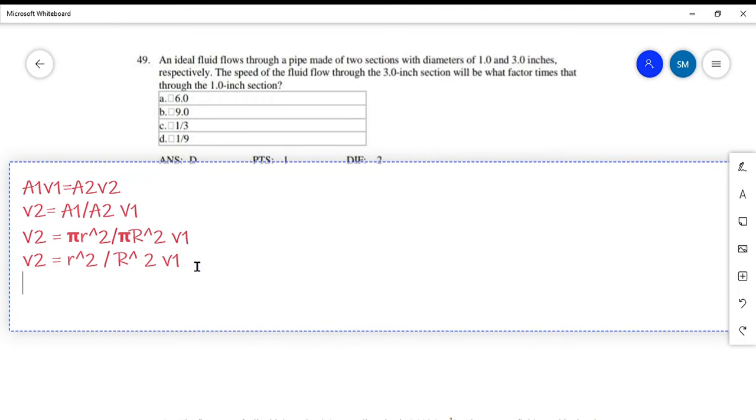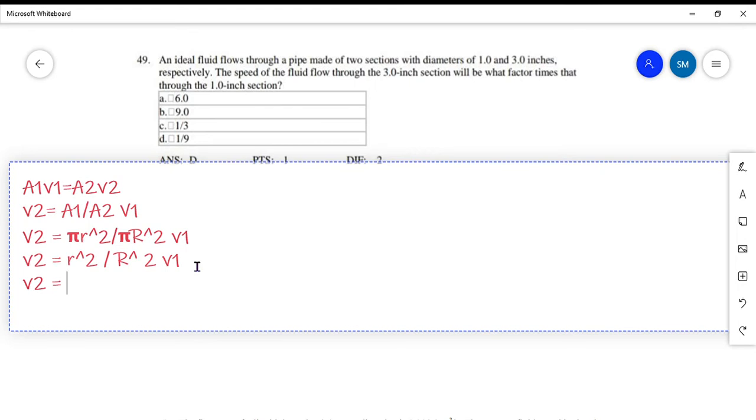So this is simply V2 equal to R1 over R2 squared times V1. He gave us in the question the diameters.